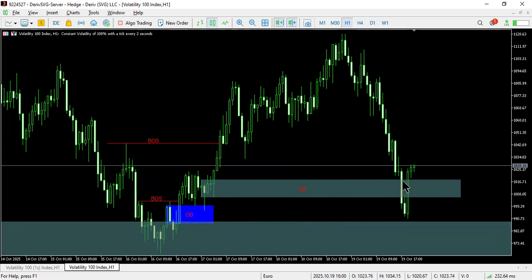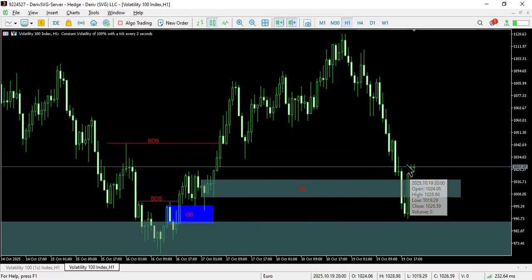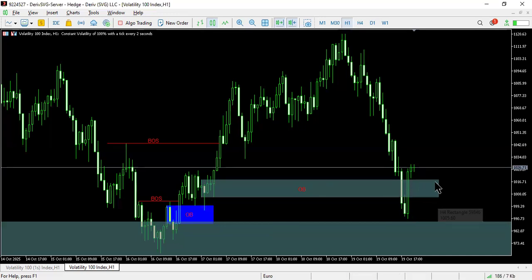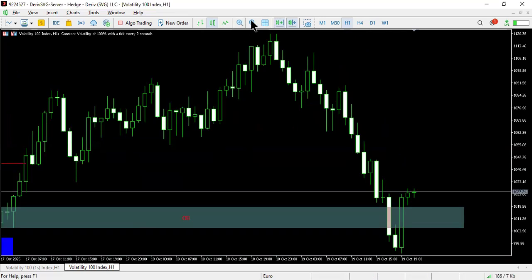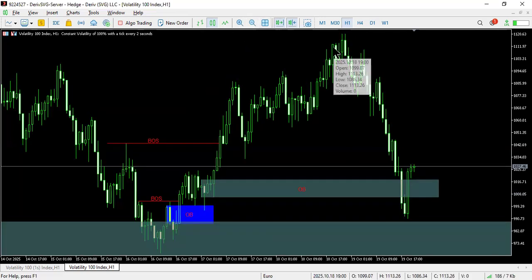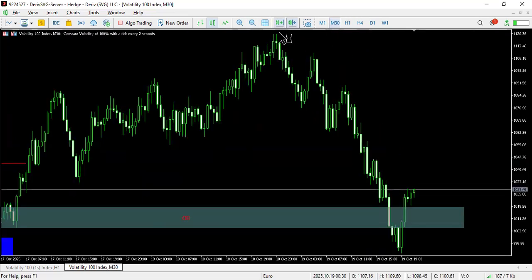And it's looking like price is pushing from this order block. As you can see, that is a bullish engulfing, indicating price is pushing up. But let's continue. Let's go to the M30 and see.